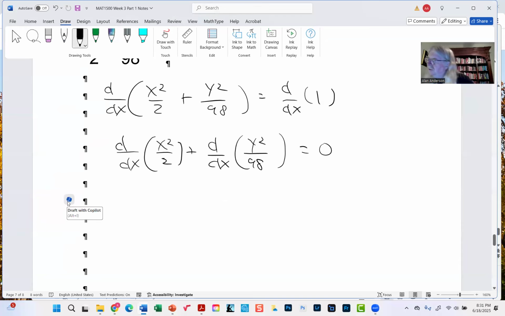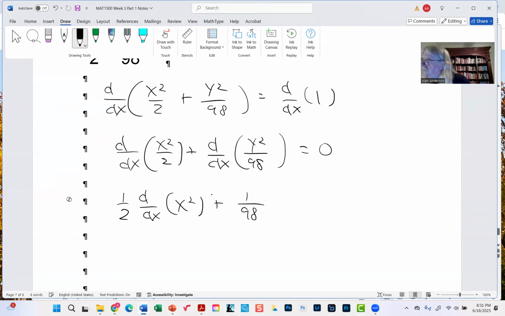All right, so this one is going to be, actually, I'll tell you what, let's do this. Let's move those constants outside just to keep it simple. And then we'll have 1/2 times 2x plus 1/98 times 2y dy/dx equals 0.